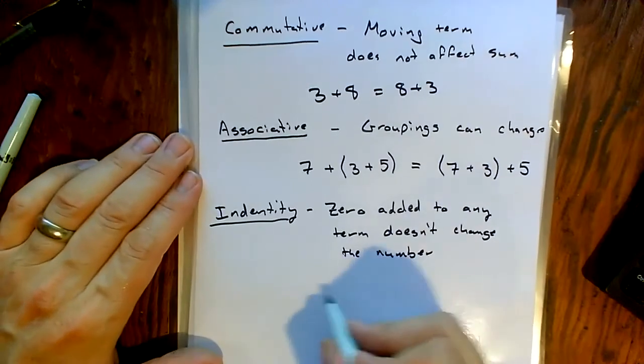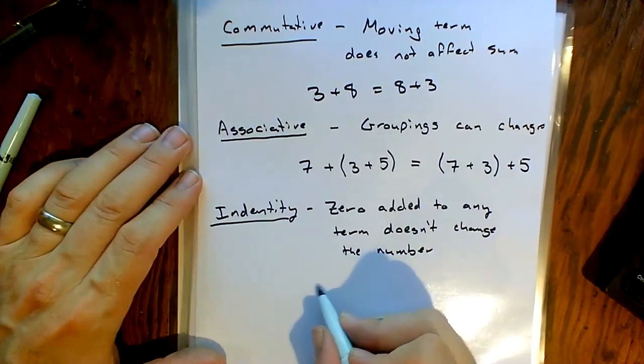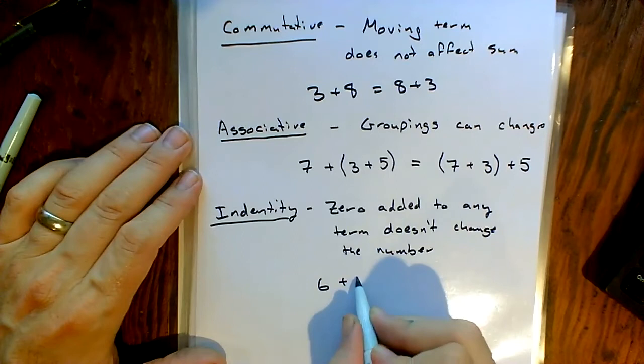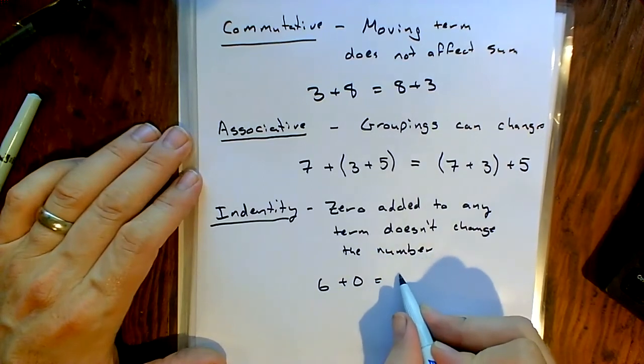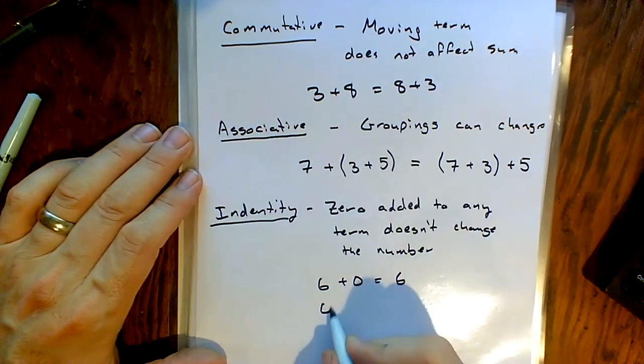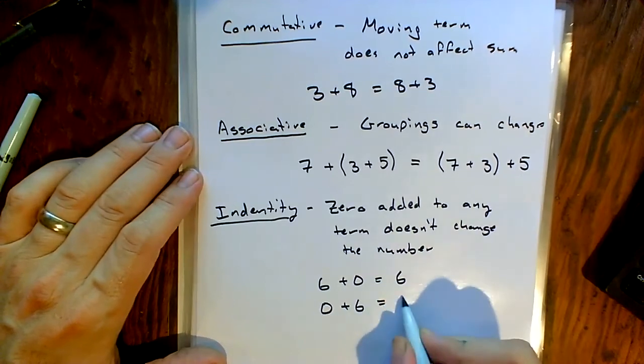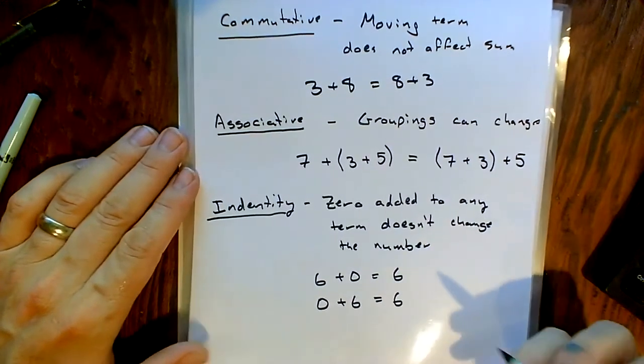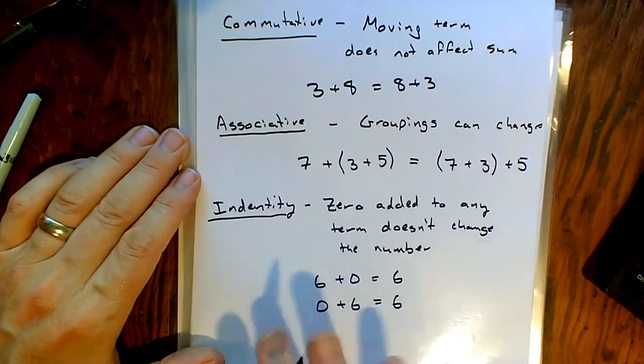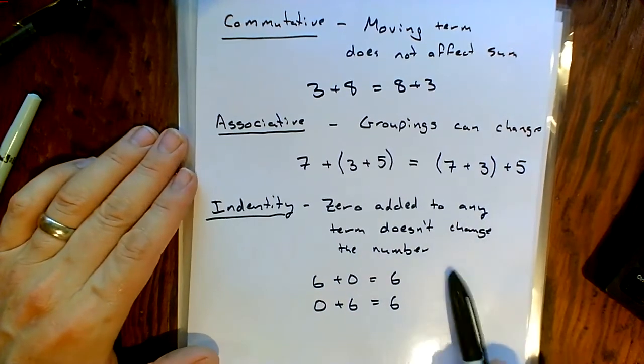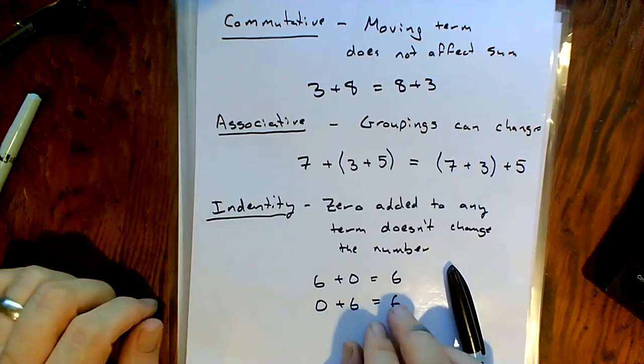So that means that if I've got 6 plus 0, that's going to be the same thing as 6. Or if I've got 0 plus 6, same thing. Adding 0 isn't going to change the value of our number.